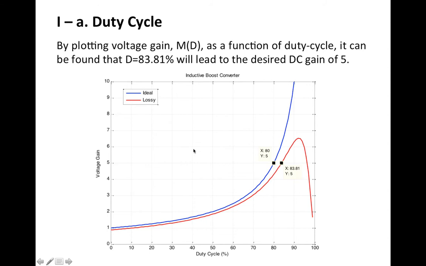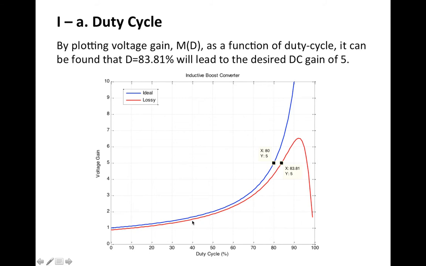So now in our previous plot, I add the non-ideal case. The blue waveform here shows 1 over 1 minus D, the ideal gain, and the red waveform shows a lossy case. As you can see, for any given point of duty cycle, the red shows a lower point, and this is in agreement with our intuition.